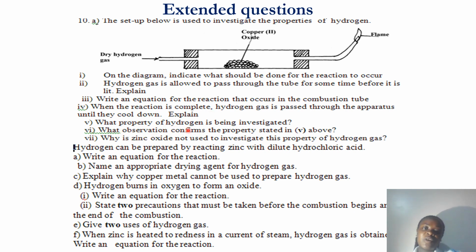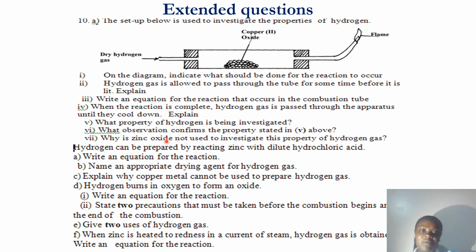Roman 5, what property of hydrogen is being investigated? This is the reducing property of hydrogen gas. So that is the property that is being investigated there. What observation confirms the property stated in Roman 5 above? That is the color. The color of copper 2 oxide will turn from black to red brown. The reason is because copper 2 oxide will be reduced to copper metal, that is red brown.